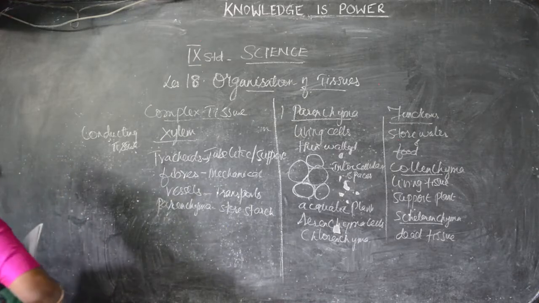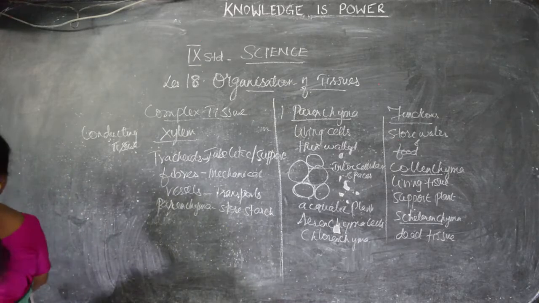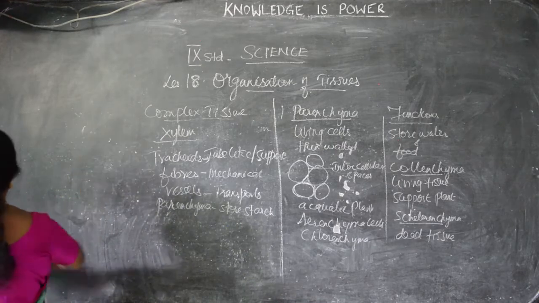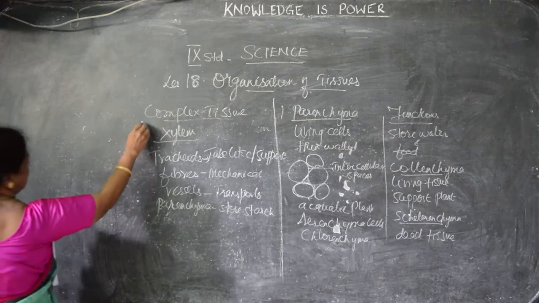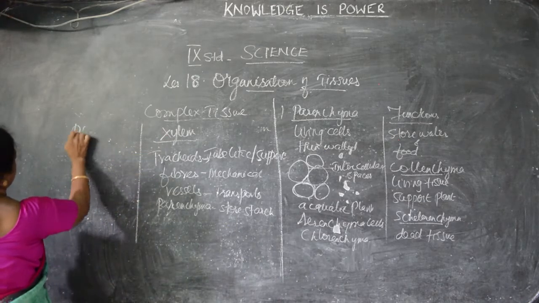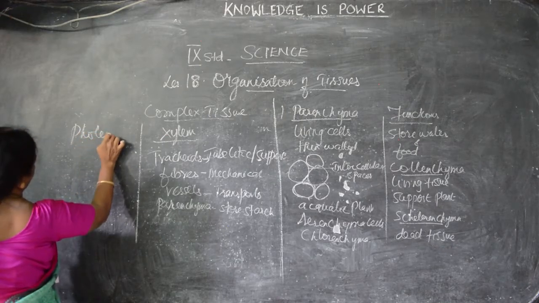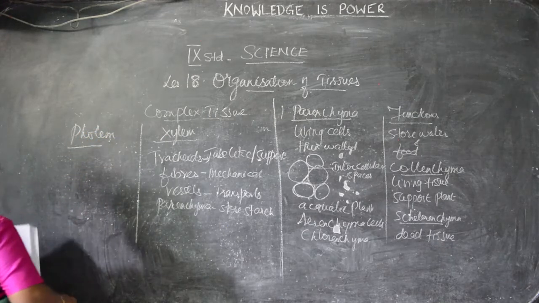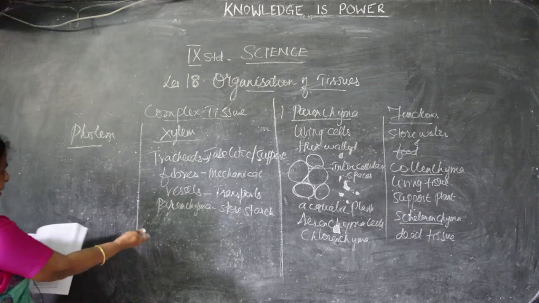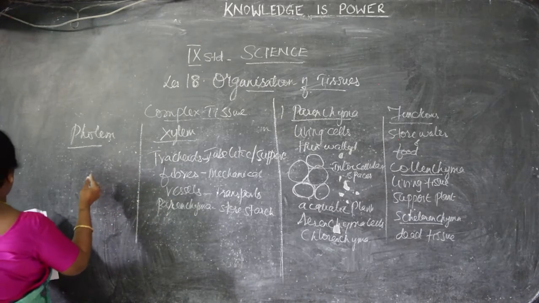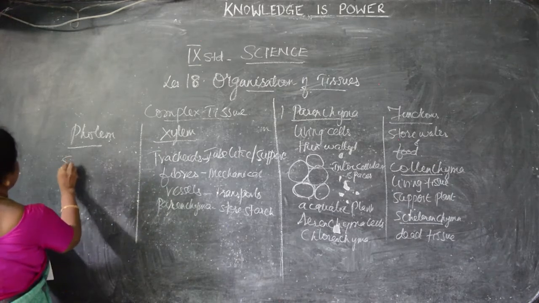Now we have to go for phloem. Phloem is also a complex tissue. Phloem too, like xylem, also has 4 subcells. What are the things we'll see?